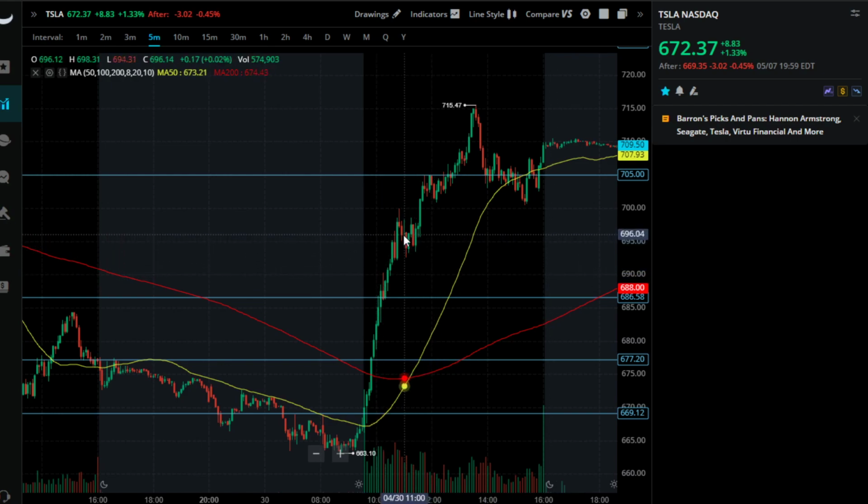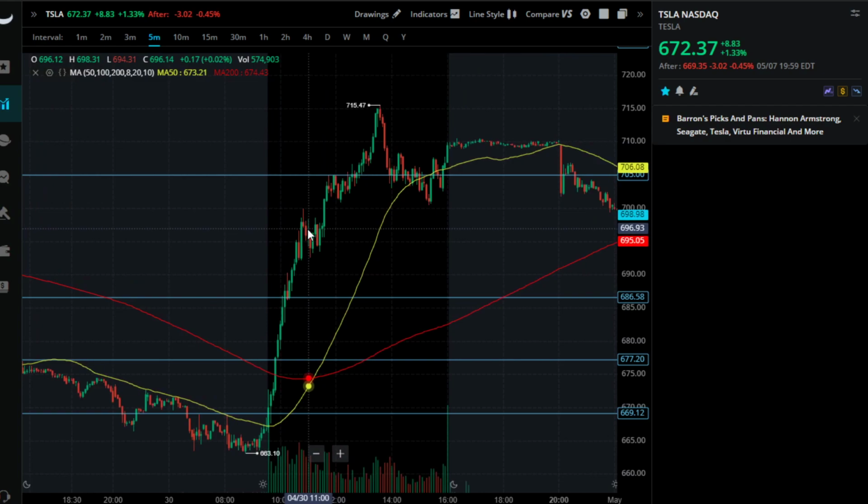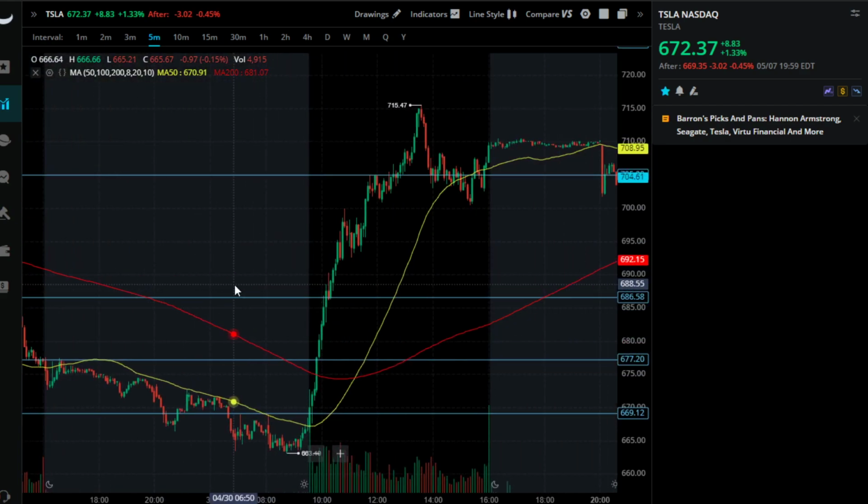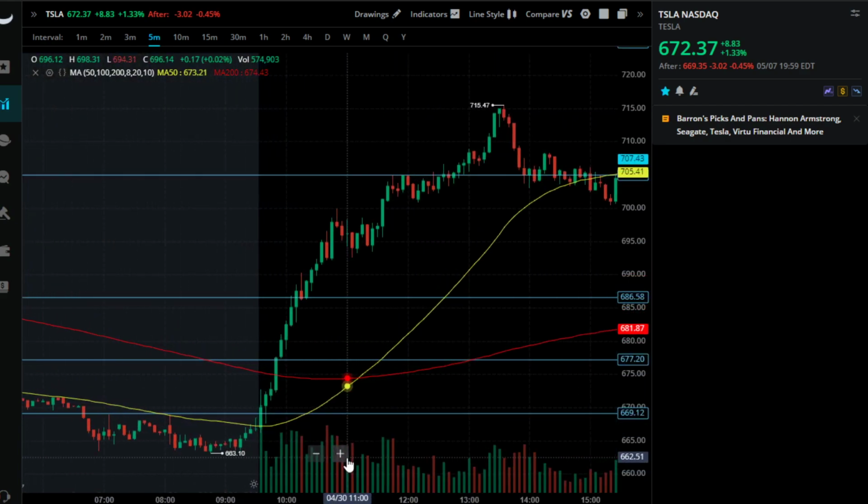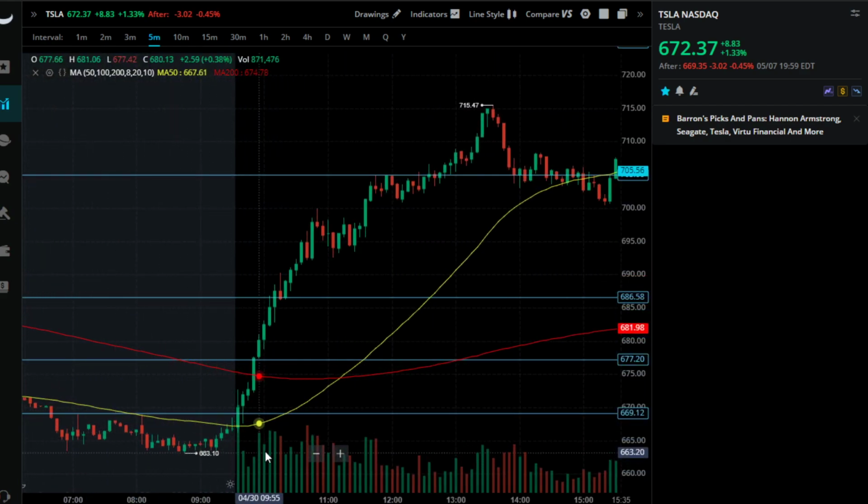Now, this is where the utilization of moving averages comes into play. For example, if we had, off the open here, broke out on Tesla, broke out over our key 669 level and got rejected at the 200 MA, we wouldn't go long right here. So we would give the open about 15 minutes approximately to identify if the movement is faked out or not.